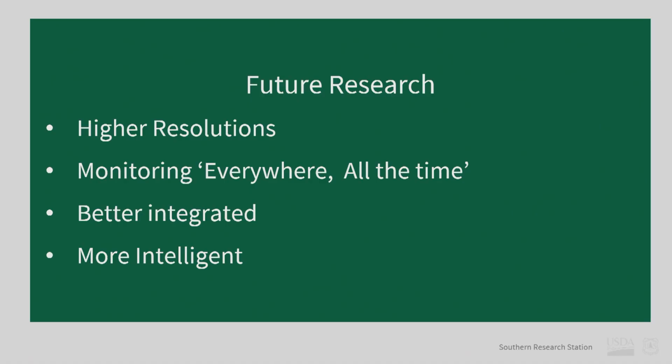Those national maps are useful to look at where forests are most vulnerable, but the land manager needs local information. So we need to look at a higher resolution to do that. And so we need monitoring everywhere all the time. I like the Institute of Digital Forestry: every tree. So we need monitoring everywhere all the time.